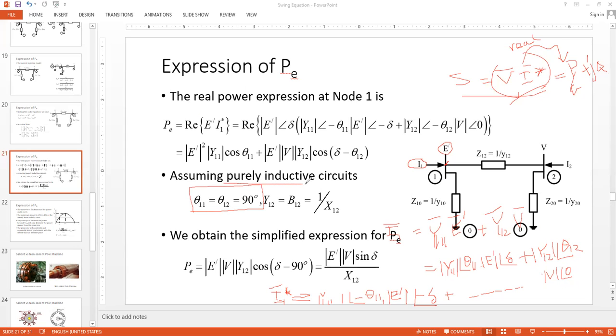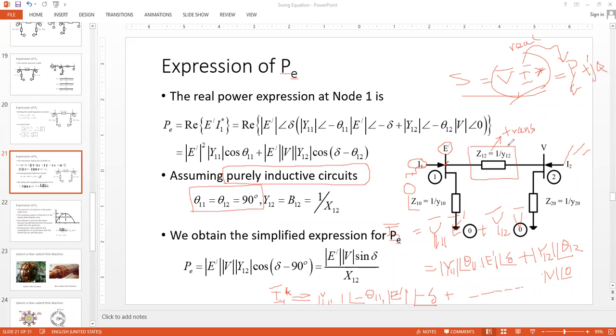Why we are so concerned about this assumption is because let's say you are designing a power system. This is, let's say, part of the transmission line. Okay, transmission line. Now as a designer, what would be your target? You are generating some power over here. Okay, this is your generating station. Let's say you are supplying it to the load center, and this is your transmission line.